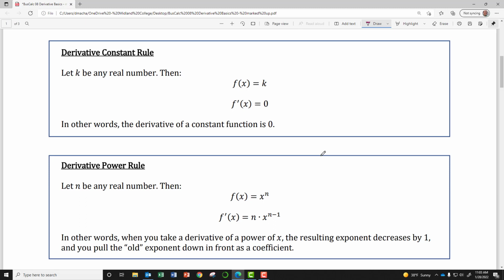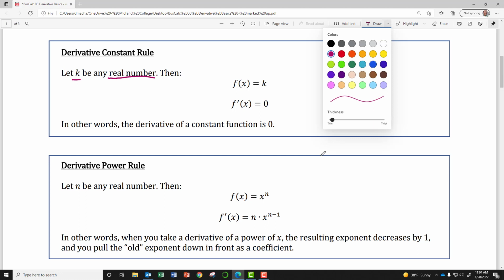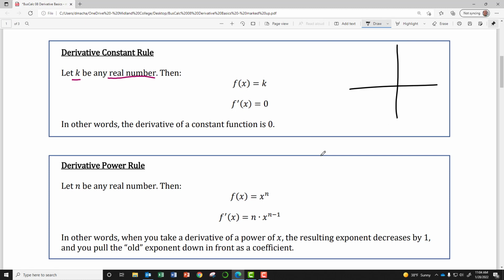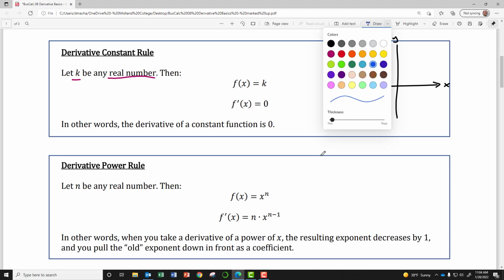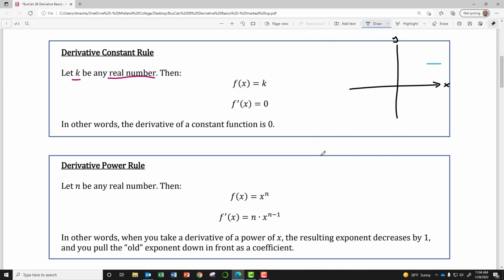If you have a function which is just equal to some constant, where this k is just any real number, then the derivative is 0. And just to reason about this geometrically, if I represent a constant function in the xy plane, well, for any value of x, the function just has some constant value, right?